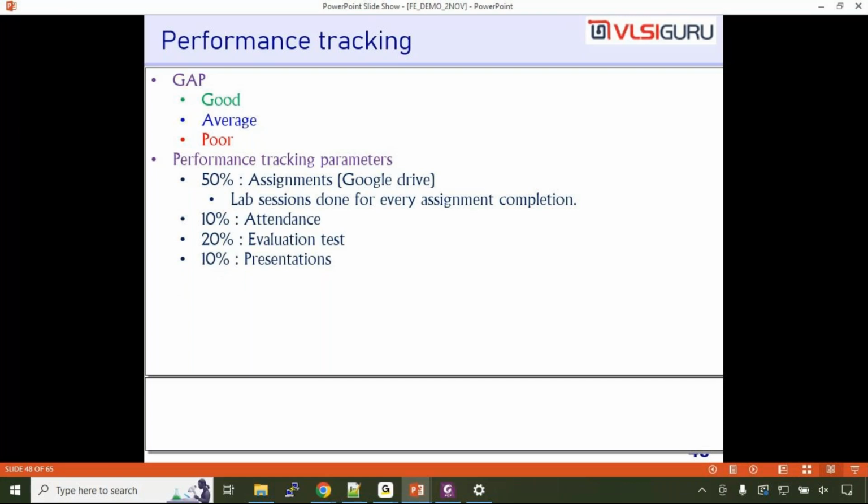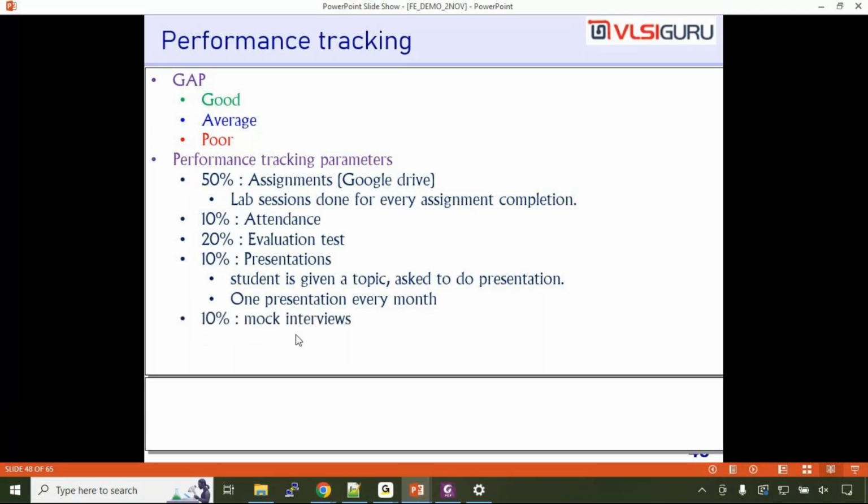We give you a topic, you have to prepare a small presentation and give it. 10% for mock interviews. This presentation and mock interview is a gradual improvement process. First time you may not do well, second month, third month, like that you gradually improve over time.